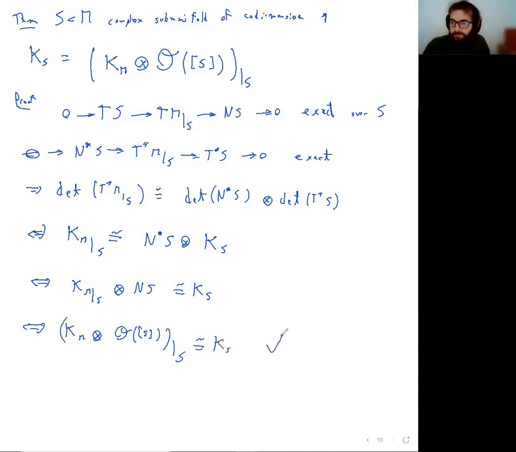Question? No? Okay. I was just wondering whether it's important whether it's on the right or on the left, but then I remembered. No, it's just a tensor product. You can just move it to the right or to the left. This looks a bit better because this is a bundle defined on all of M, right?